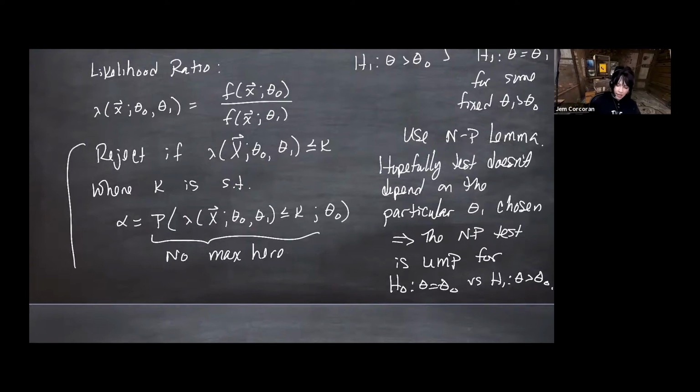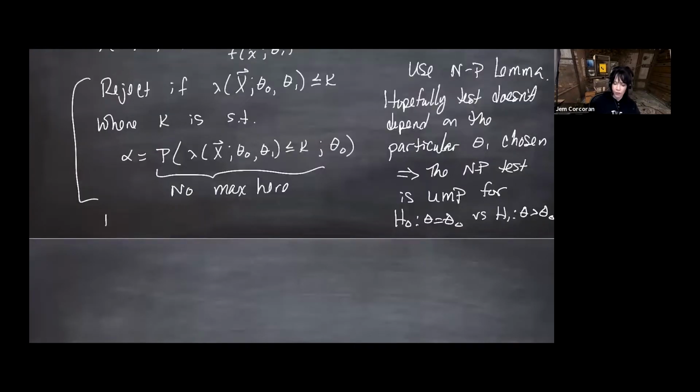And this test works in certain conditions, sometimes. Let me just write out what I'm trying to say. I'm trying to say again that if the maximization over the thetas in the null hypothesis occurs at the boundary, then you can use our old test.